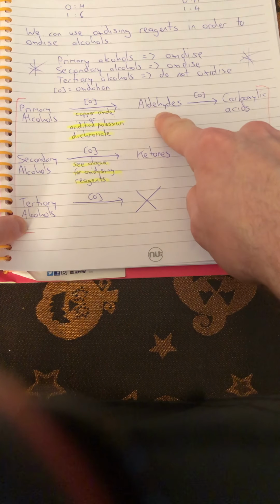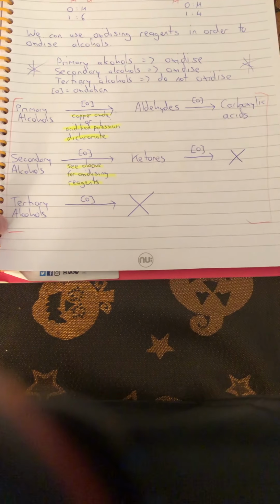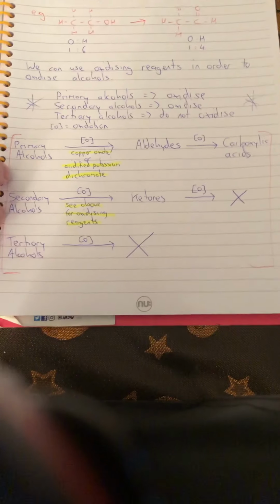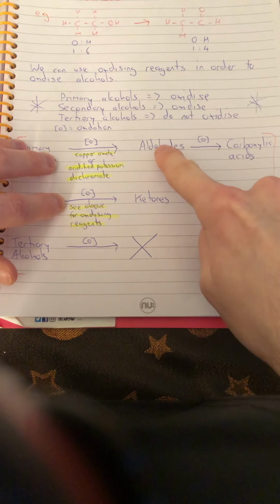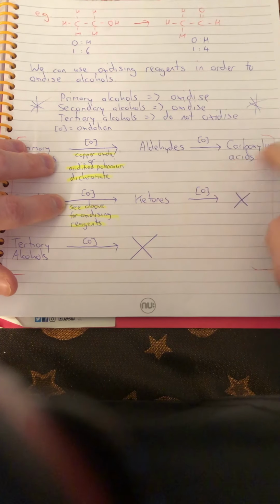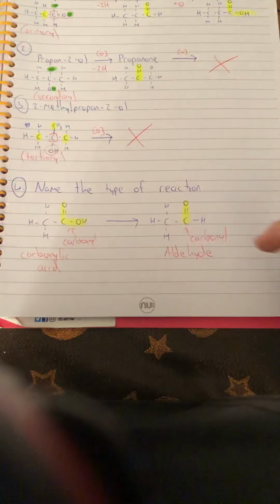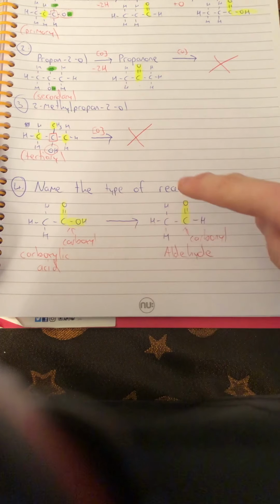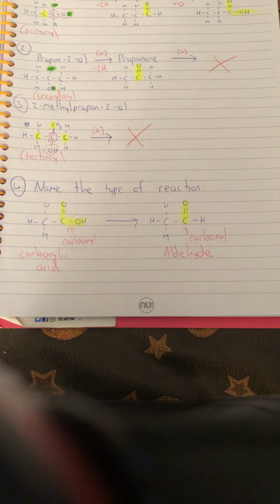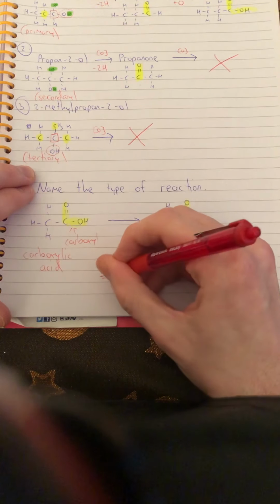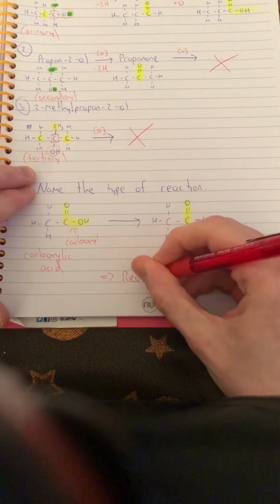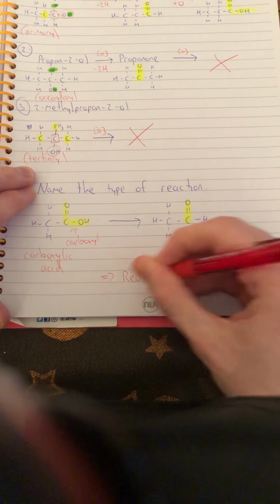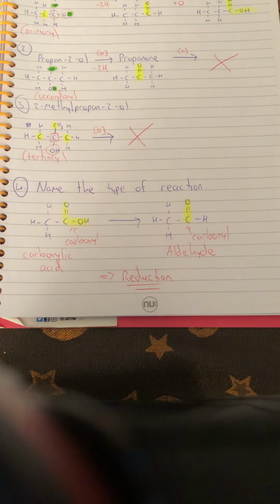For some reason this never really clicks in. If going from an aldehyde to a carboxylic acid is oxidation, and we go the opposite way, what do you think it is? It's reduction.